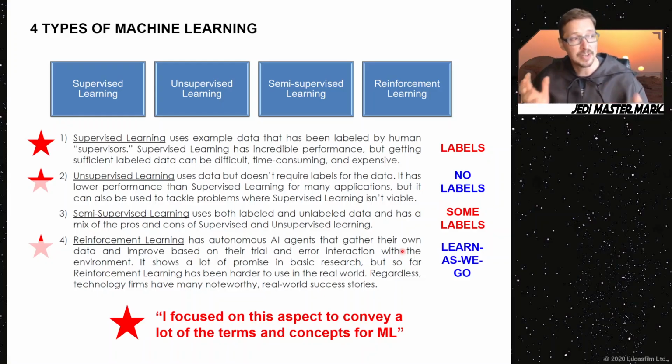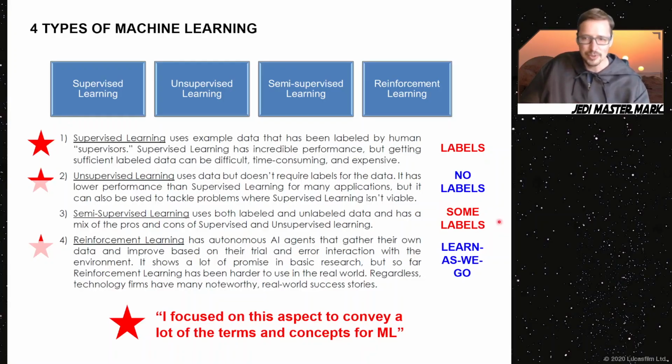Whenever you have inputs and outputs, you're going to be using something like supervised learning. Unsupervised learning, which we'll cover a little in this course as we get into things like autoencoders, uses data but doesn't require labels for the data. You can see off to the side here, I have labels for supervised, no labels for unsupervised.